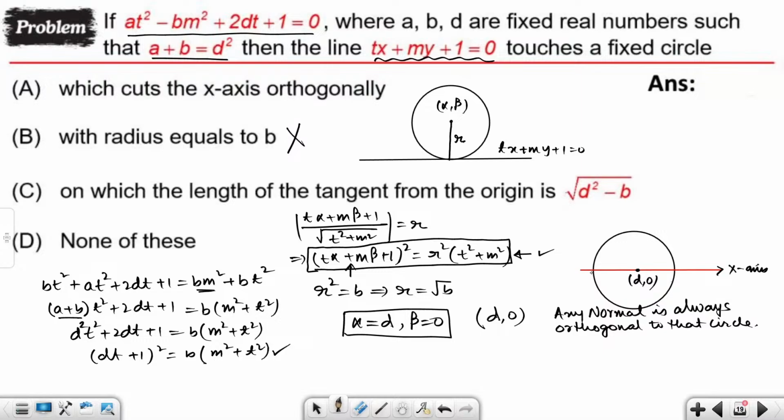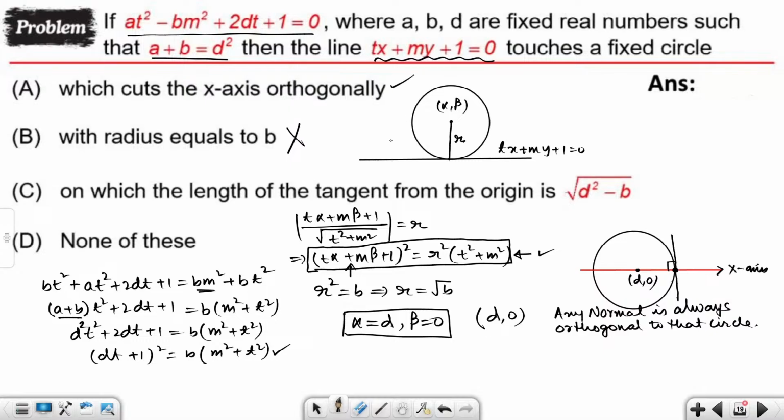Okay? See, at this point, if I draw a tangent, then this line and this normal with the tangent, they will always make an angle 90 degrees. That is the reason why they say that any normal is orthogonal to the circle. Is it clear? So now you see the first option given, which has been said, which cuts the x-axis orthogonally.